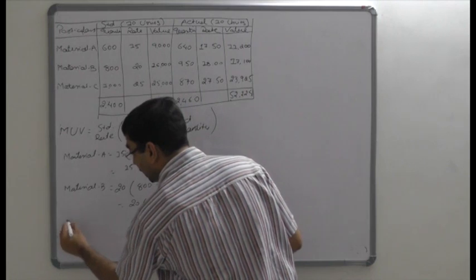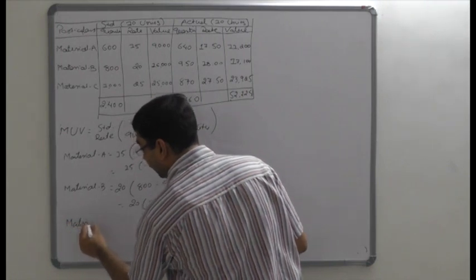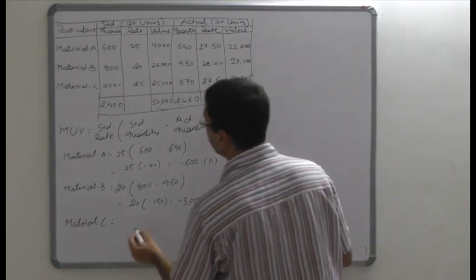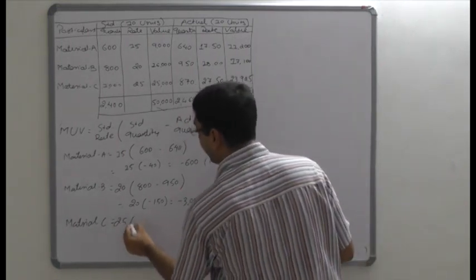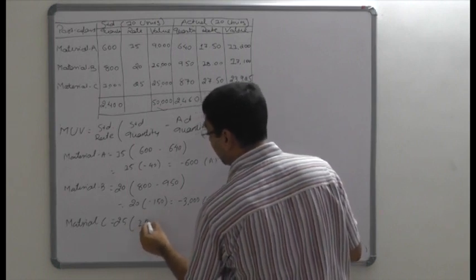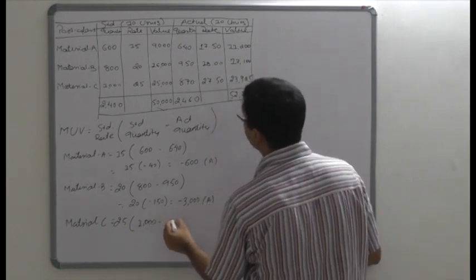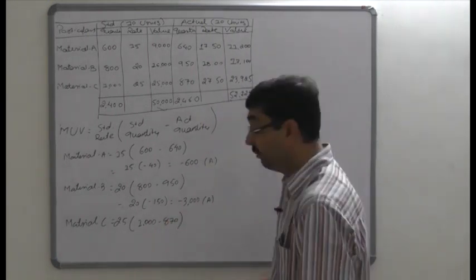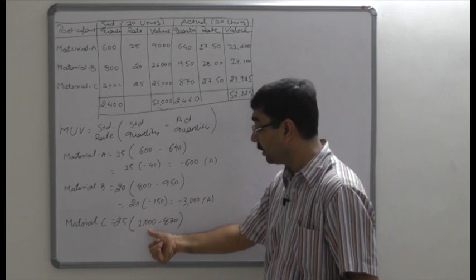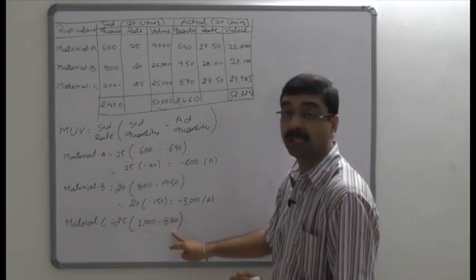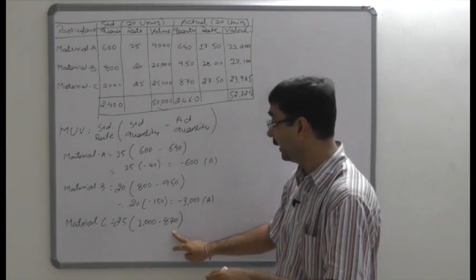Now see, in case of material C, the standard rate is 25 and the standard quantity required is 1000 minus actual quantity used 870. That means it's favorable, because the quantity required is more than the actual quantity used in the organization.